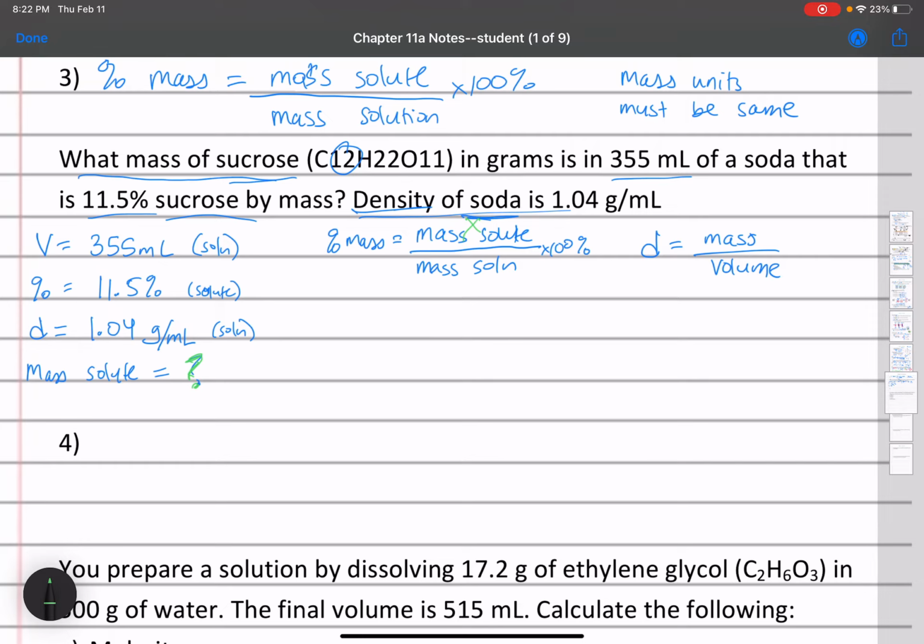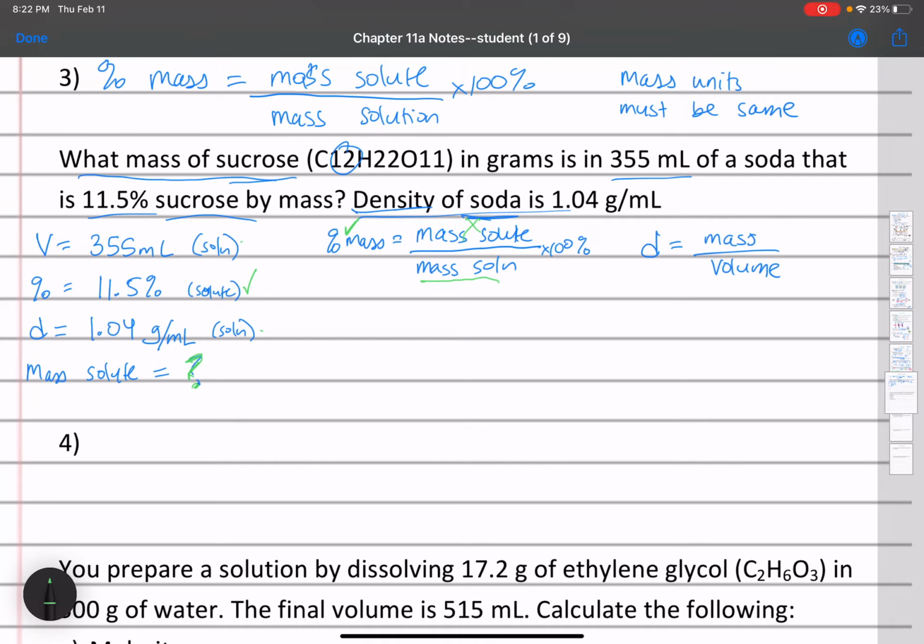So I know the percent mass. I'm given that right here in the equation. And in order to solve for the mass of the solute, I need the mass of the solution. But I'm not given the mass of the solution. But I'm given volume and I'm given density. Could I use those to figure out the mass of the solution?